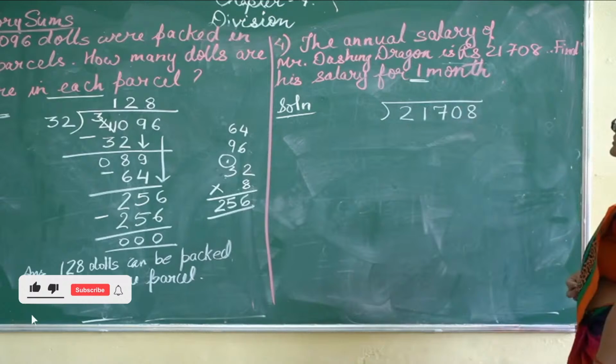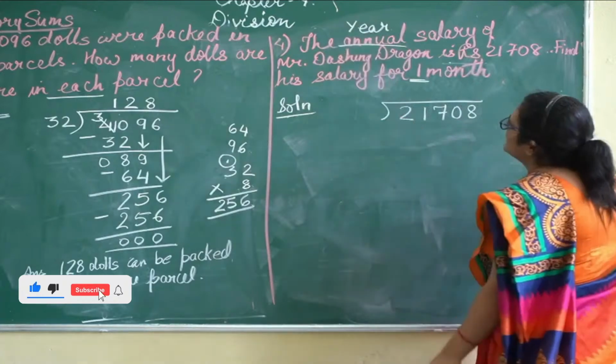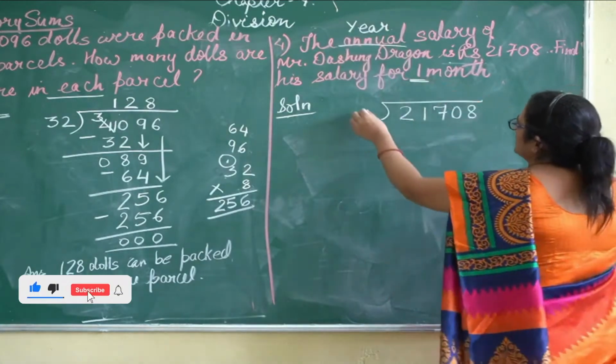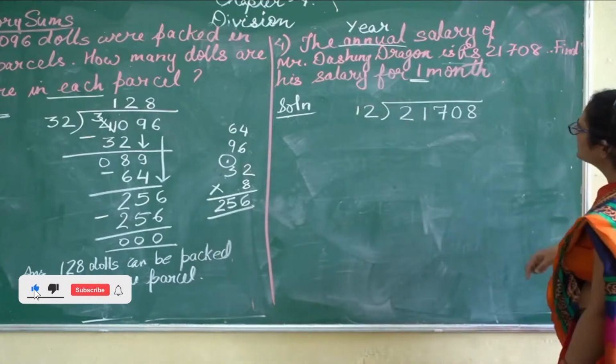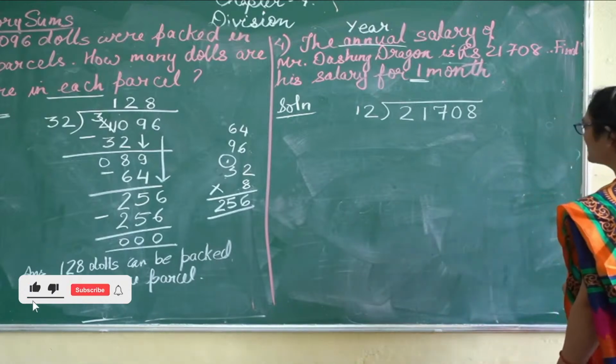Annual salary. Annual means for 1 year. In 1 year, how many months are there? 12. So what will we do? Divide by 12. 1 year is equal to 12 months. Okay? You know the table of 12.